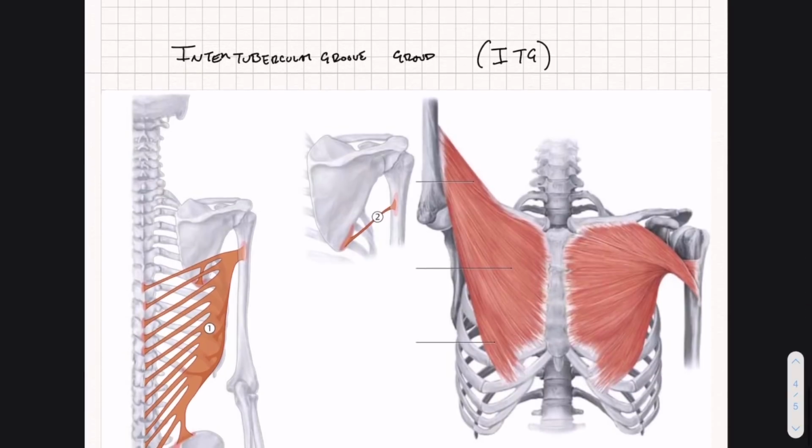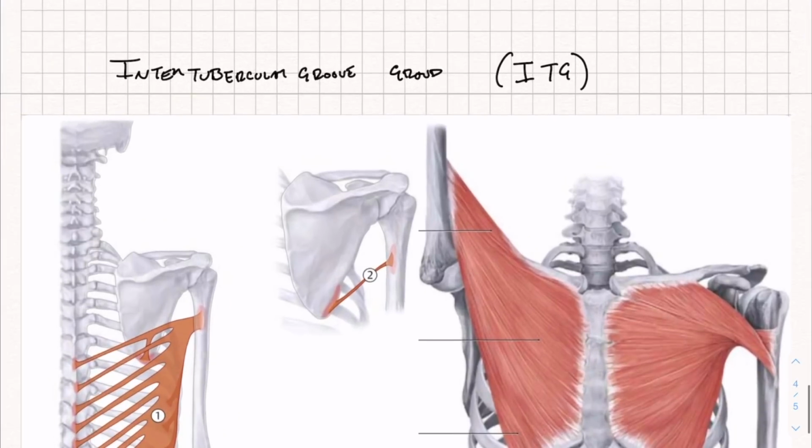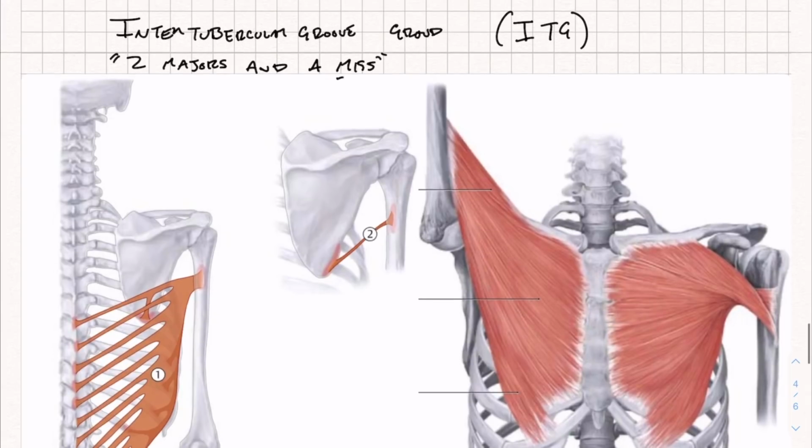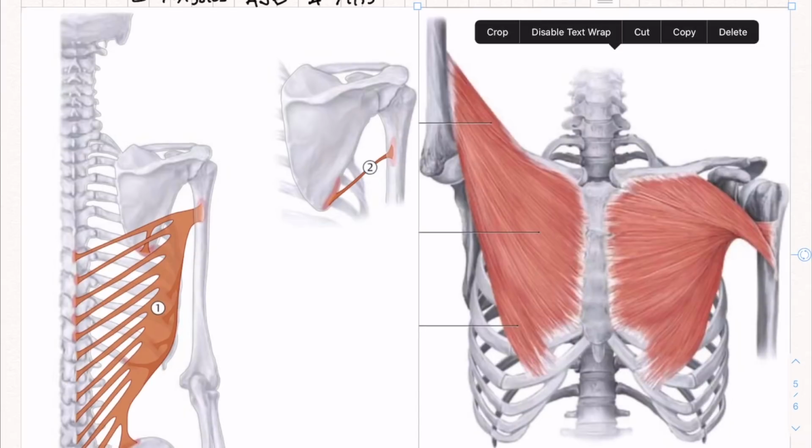A way to remember the muscles that are in this group, there's this saying, 2 majors and a miss. It can be helpful if you need some kind of memorization tool. Basically, there's 2 muscles that have the word major in them, pec major and teres major. And then there's this number 1, which is called latissimus dorsi. That just has a miss in its name. So 2 majors and a miss. Maybe it works for you.